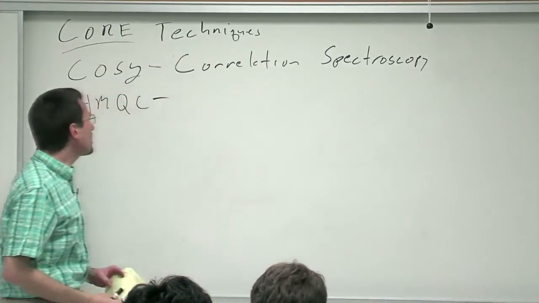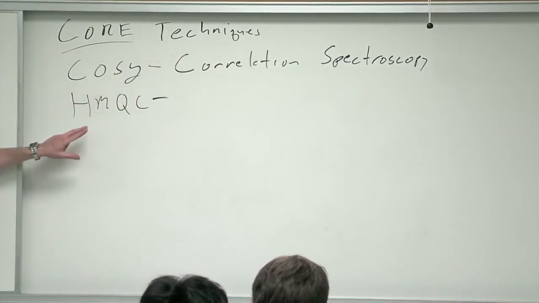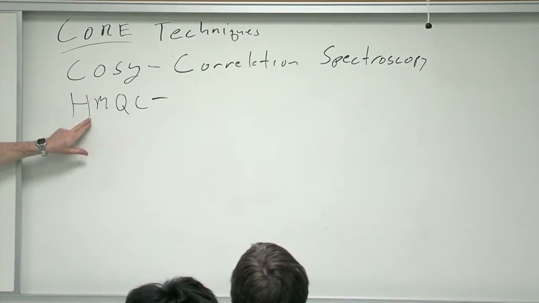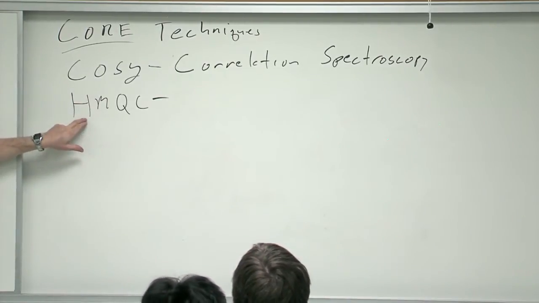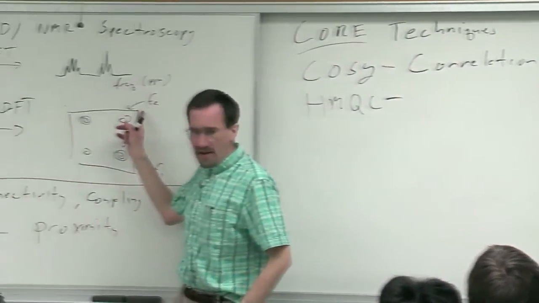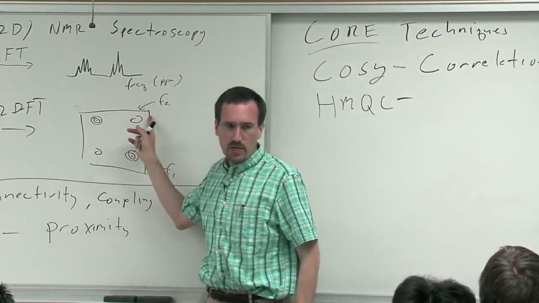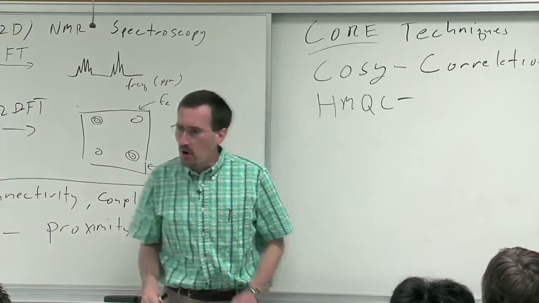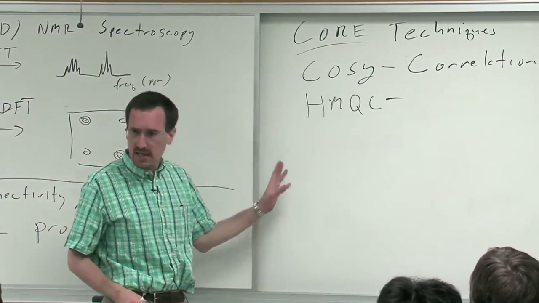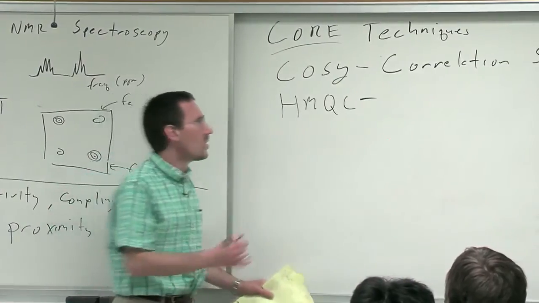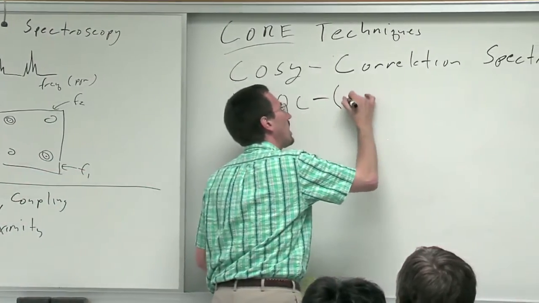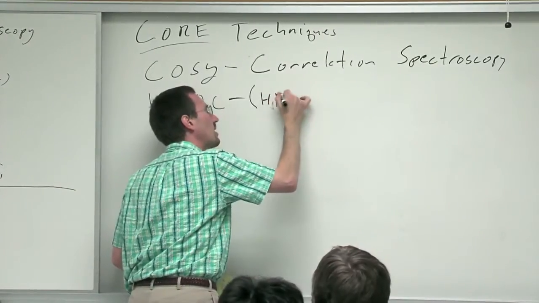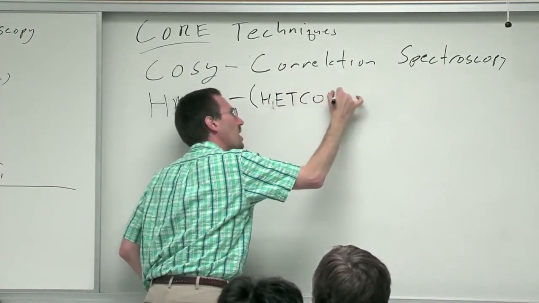I should say something. We're learning about the modern versions of the experiments. HMQC uses something that's called inverse detection. That means on the F2 dimension, you're detecting proton, and on the F1 dimension, you're detecting carbon. The older, less sophisticated version of this experiment was called HETCOR, which I'll put in parentheses, but it's not really the same thing.